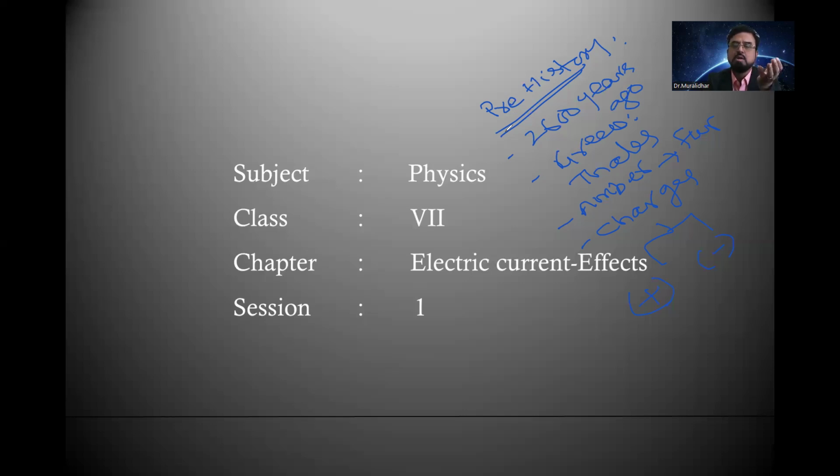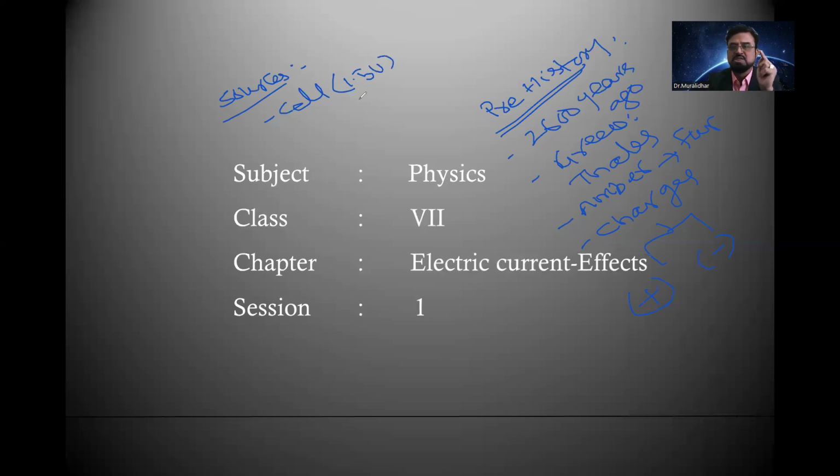There are so many sources, so many ways you can get electricity, not only by one way. What is a source? The first one is the cell, a small source. It is around 1.5 volts, right? A small source of electricity is the cell.